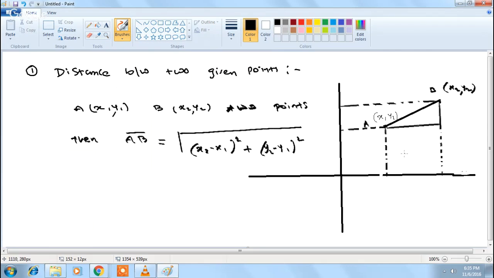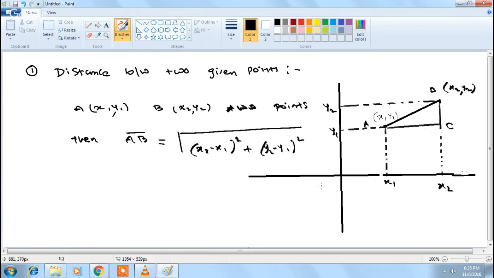Now here you can have a right angle triangle ABC. Let's suppose this is C. So what is the measurement of AC? Here the point A is x1, y1, so that means it is x1. Here the point B is here, so it is x2. Similarly, this is y1 and this is y2.